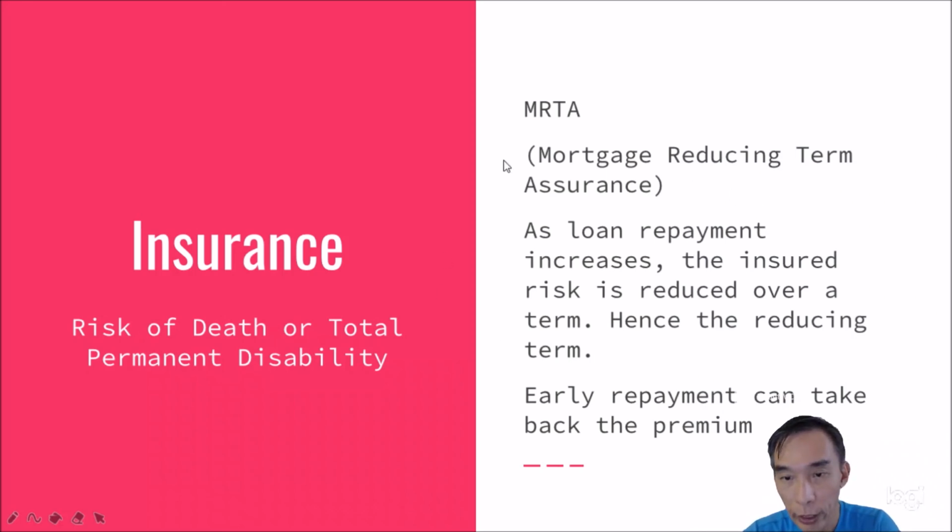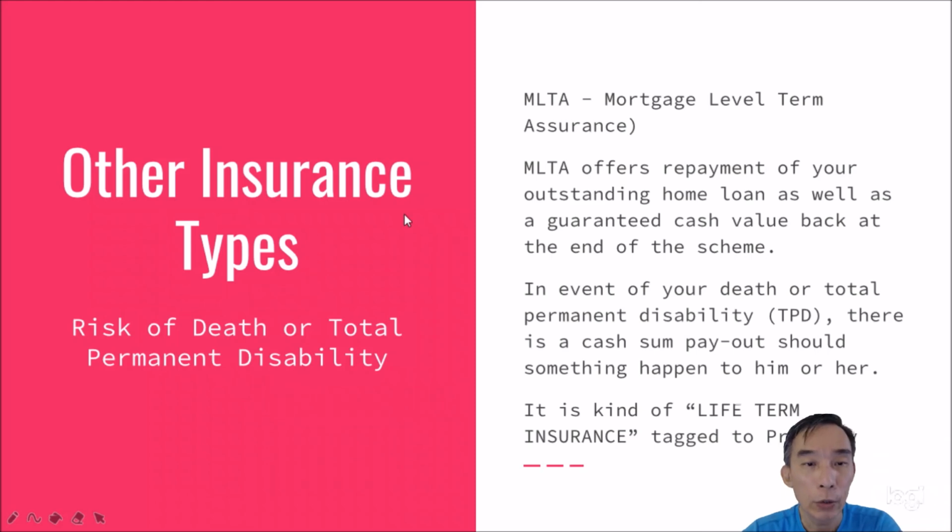There is also another one, MLTA, mortgage level term assurance. This is important, and if you pay off the loan earlier, then the remaining time that is not protected, the insurance premium will be refunded. MLTA offers repayment of the outstanding home loan, as well as guaranteed cash value back at the end of the scheme.